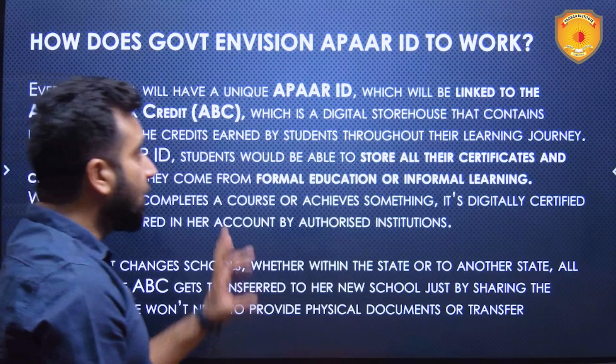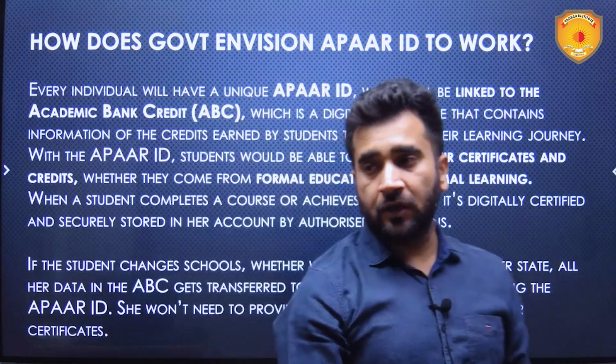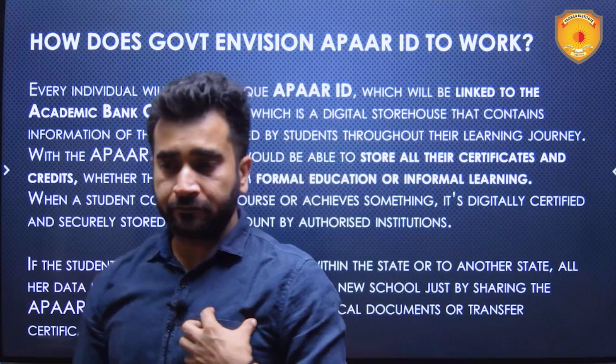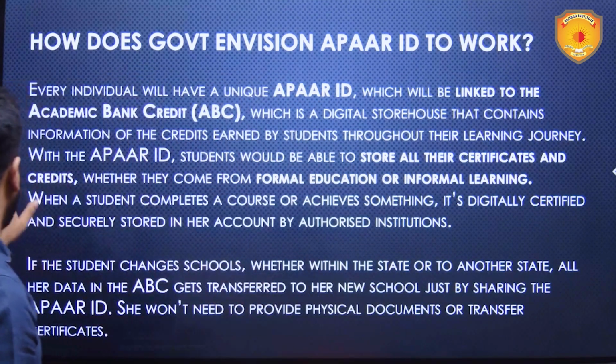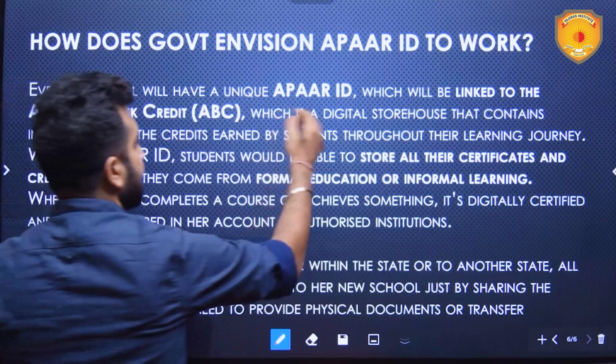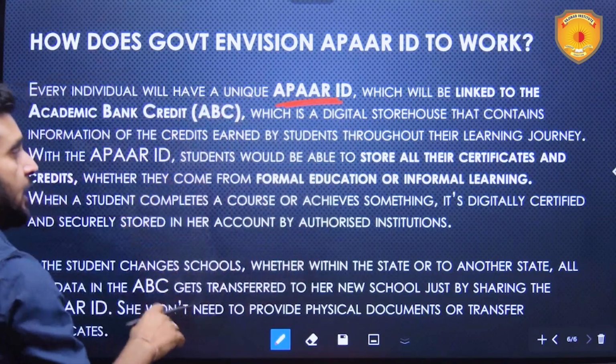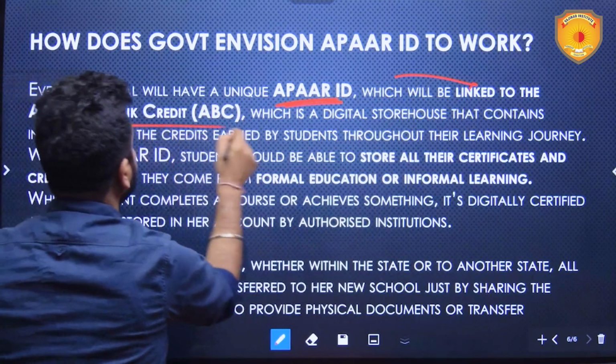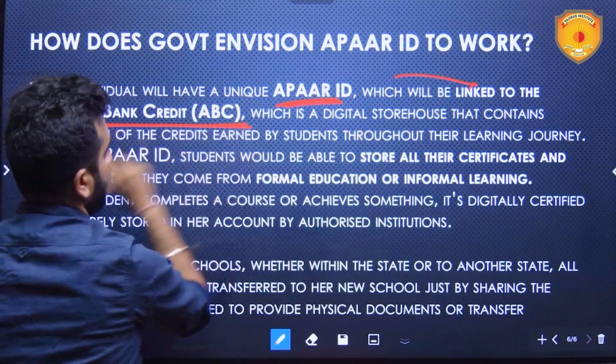Now, how does the government envision Apar ID to work? How is the government thinking about it? The government thinks that every individual, every student, will have an Apar ID, and this Apar ID will be linked to the Academic Bank of Credit, ABC as they are calling it.